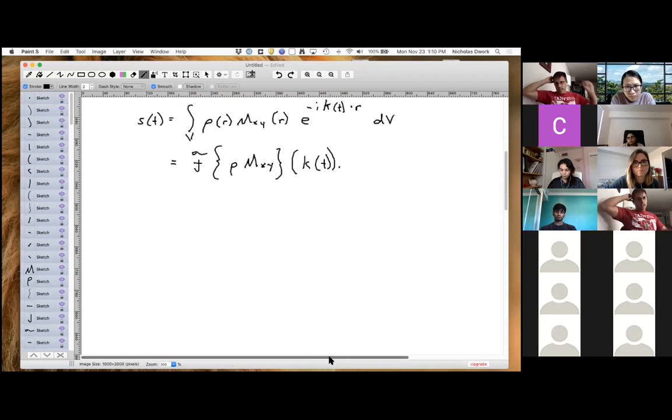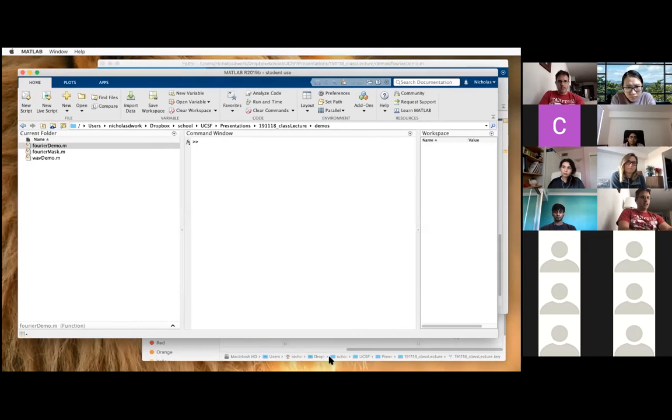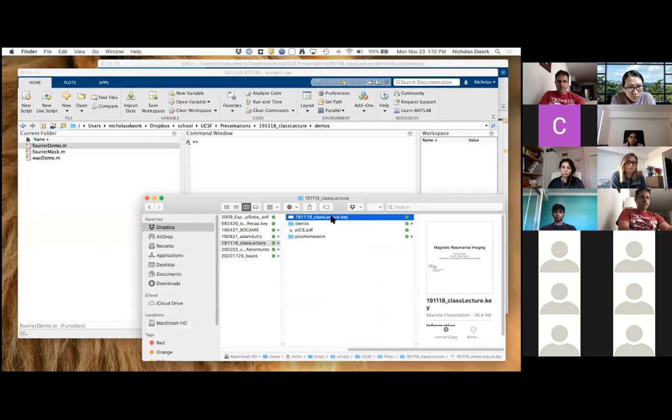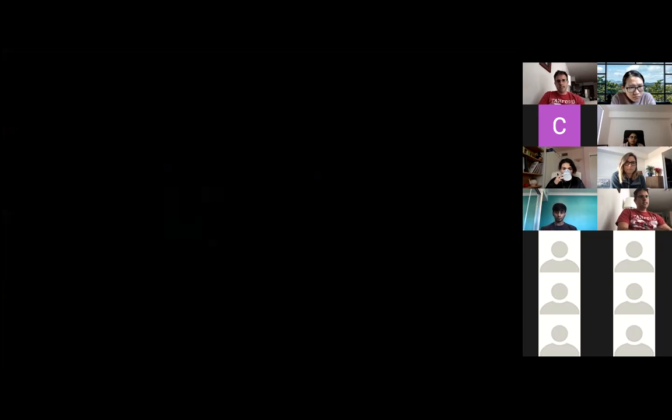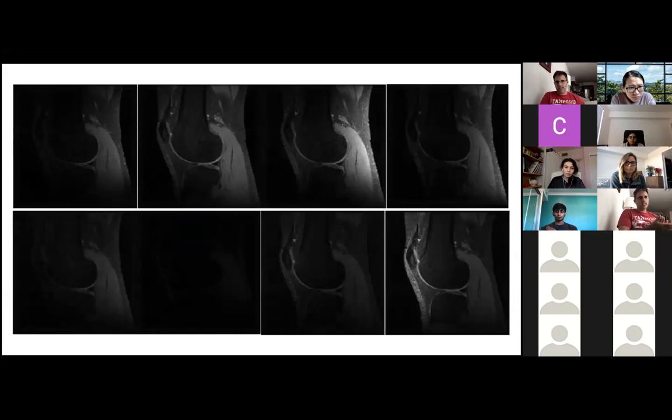So let's say you take this picture, right? Because the coil gets less sensitive as it's further away, the image is going to get darker as you get further away. And this is what that looks like. So here's an image. We used 8 coils to take a picture of a knee.